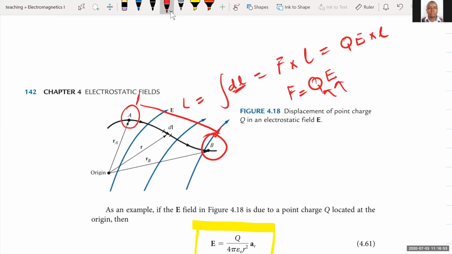But since we don't know the length because it is following a line, we can say that this line is equivalent to dl, from point A to point B, and therefore the total work is going to be given by the integral of QE dot dl.